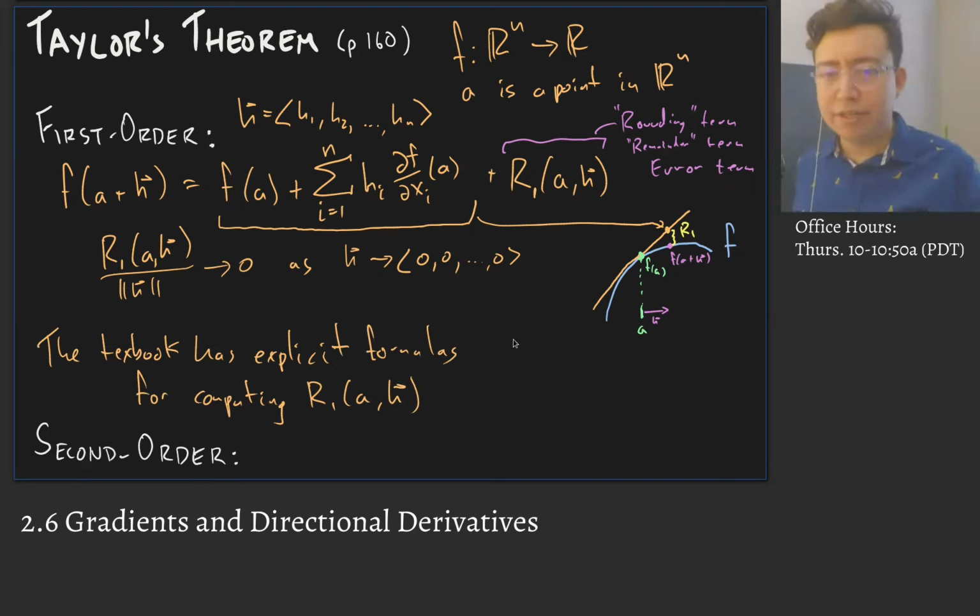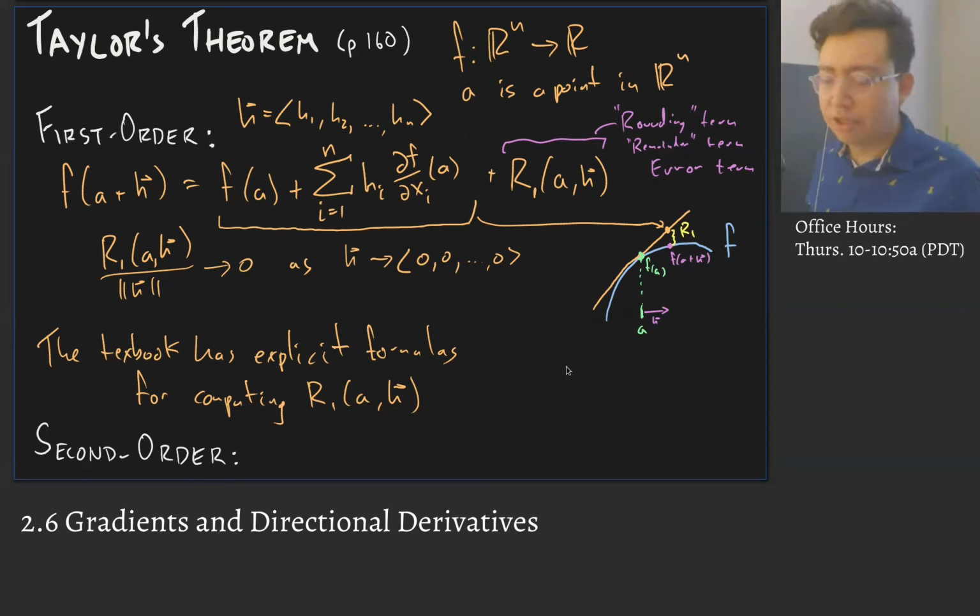Sometimes I change the notation that the textbook uses because the textbook likes to use boldface letters. And that's really cool when you're typing, but it's a little harder to communicate when I'm drawing here. So I like to use slightly different notation to make things more clear.